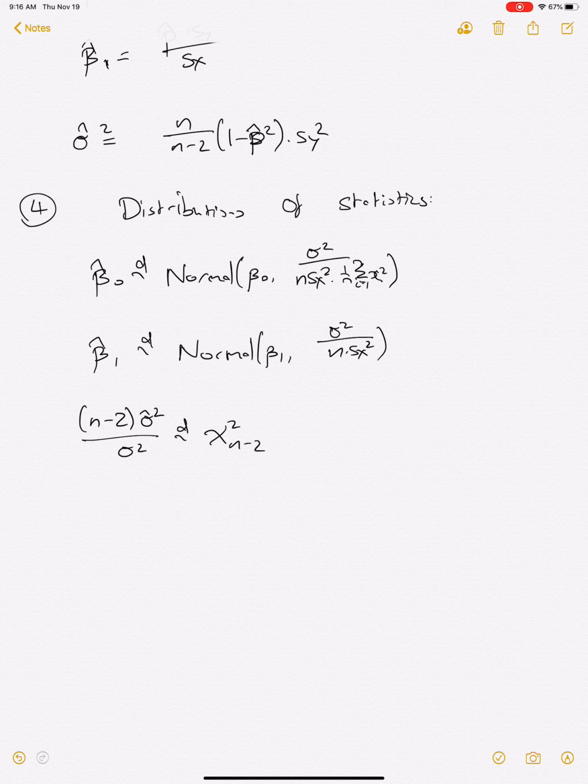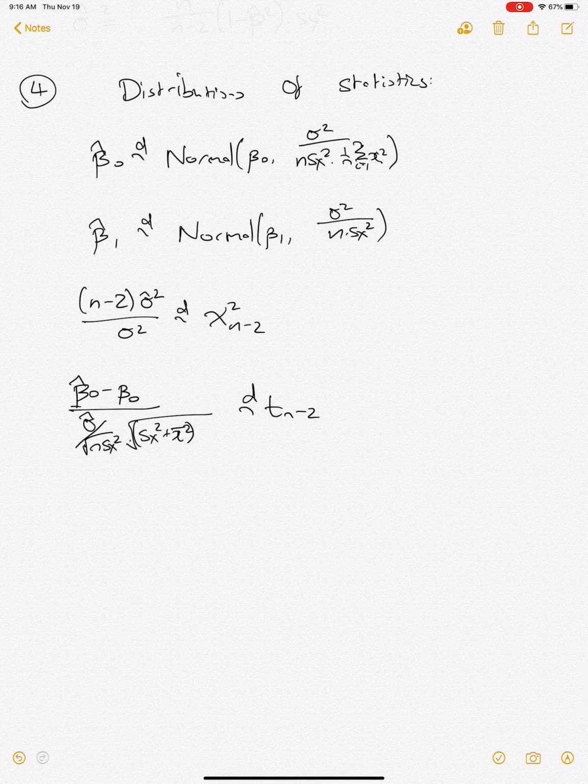And so what that also leads to then is that beta hat 0 minus beta 0... So then if we wanted to do inference in the case where our sigma squared is unknown, which is usually the case, this is how we can use the t distribution.